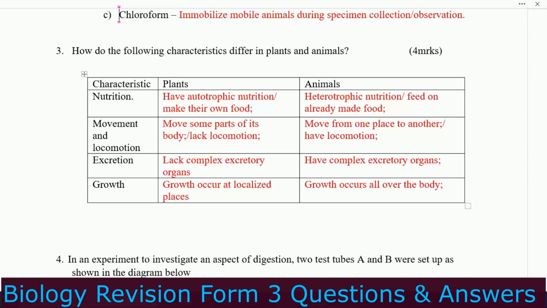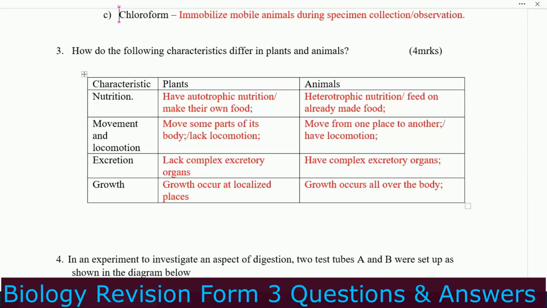So nutrition in plants is autotrophic, that is, they make their own food. Animals, as you know, are heterotrophic. They feed on already made food. On movement and locomotion, plants lack locomotion.